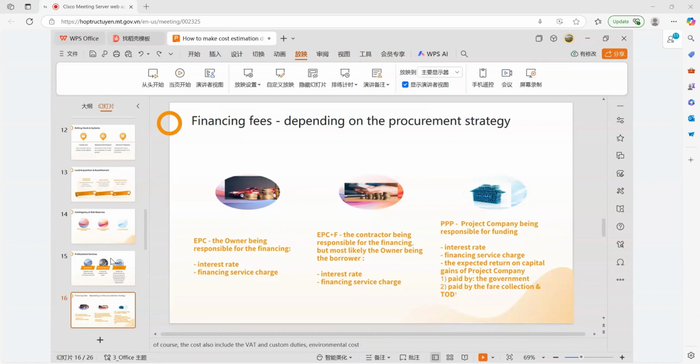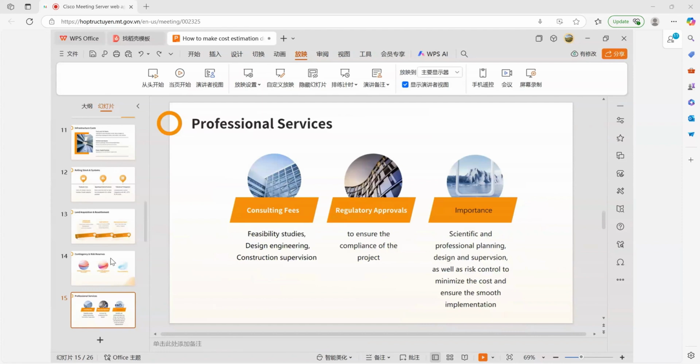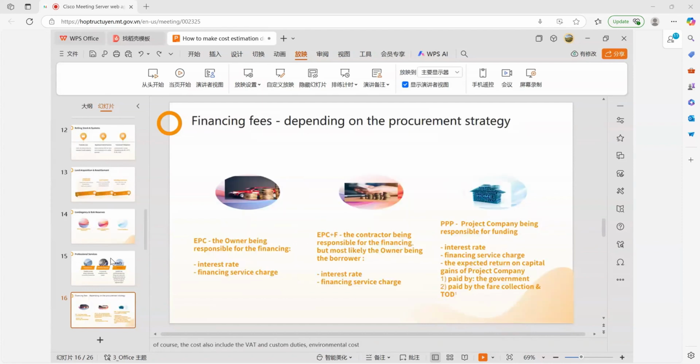If EPC+F mode is selected, then the contractor might be responsible for the financing, but most likely the owner will be the borrower. In this case, the financing fees also include interest rate and the service charge.